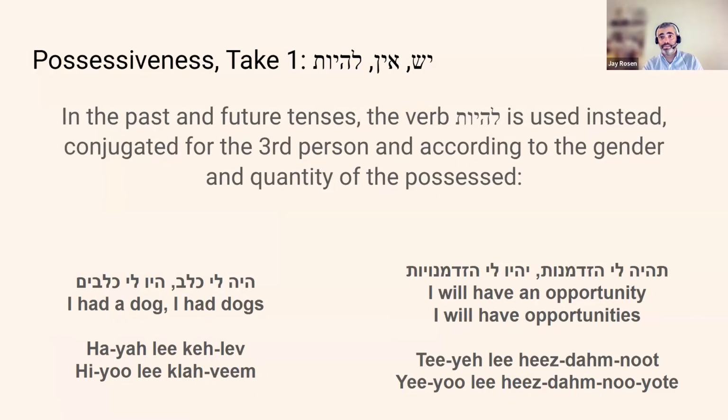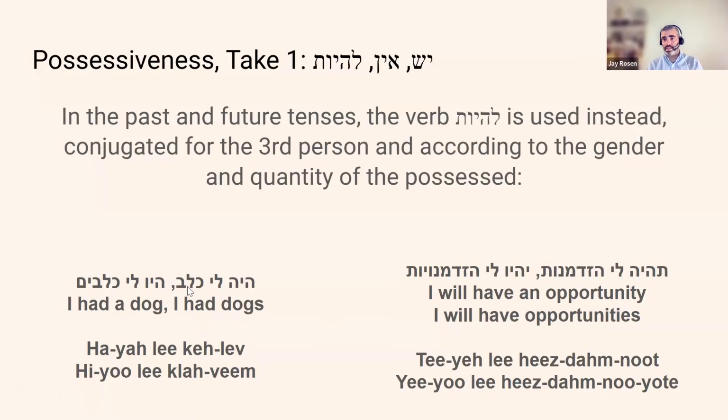In Hebrew, it's not, because haya li kelev, there was to me a dog. Fine. But look, haya and kelev here on the bottom left, right? Haya and kelev are in sync. Haya is past tense singular masculine.